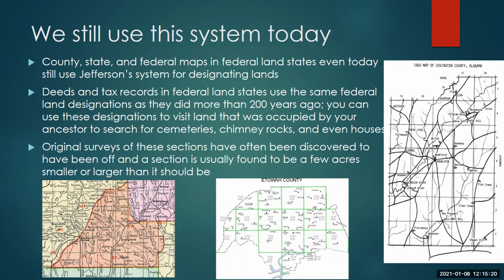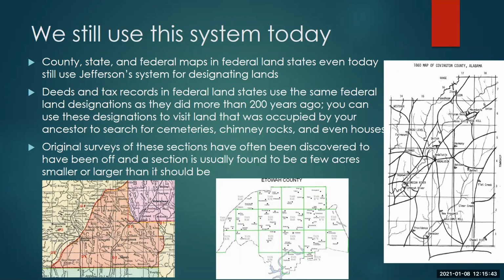I can take out a United States government federal topographical map, a modern one, and I can locate exactly where your ancestor's land was. I don't care if Thomas Jefferson gave your ancestor the patent 220 years ago. We still use the same numbers on the same land on the same location.